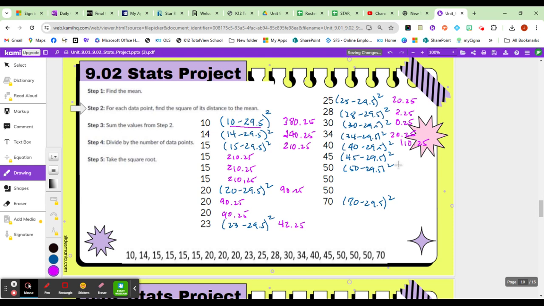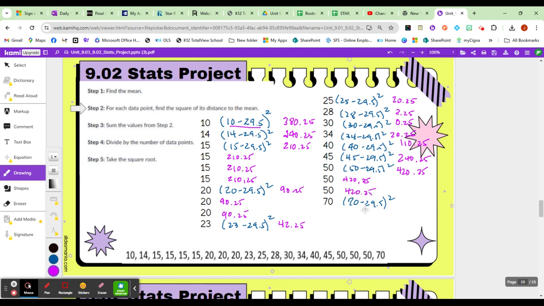When we do 45 minus the mean and square that, we get 240.25. When we do 50 minus 29.5 and we square that, we get 420.25. And then I'll use this for all my 50s.